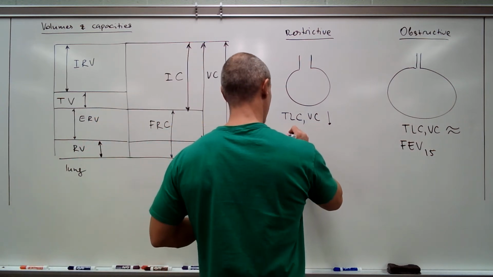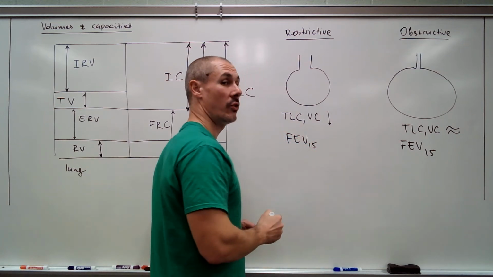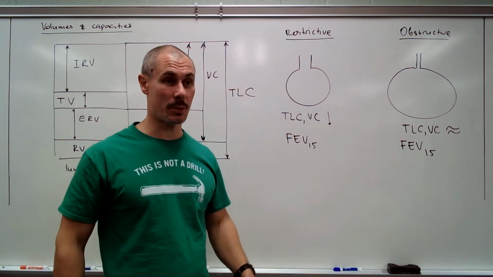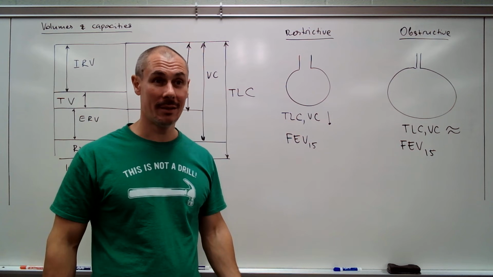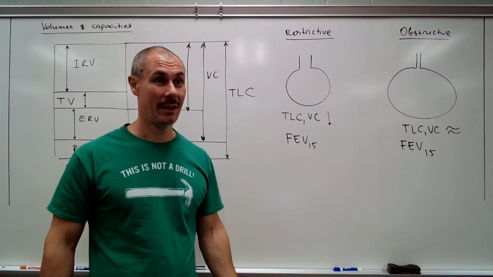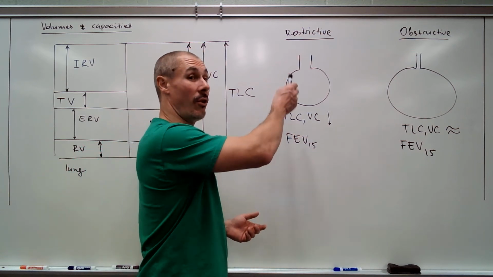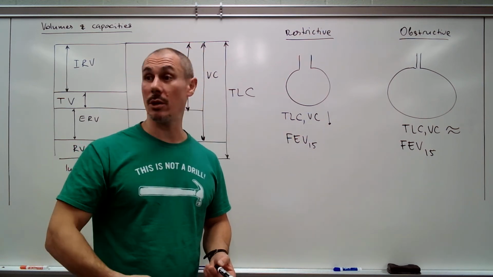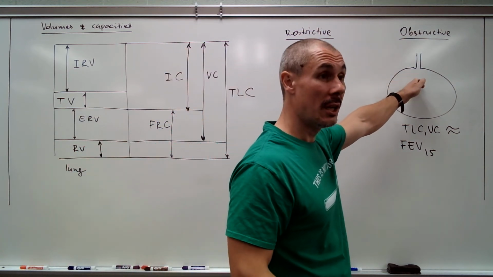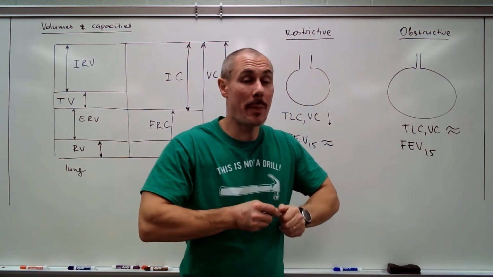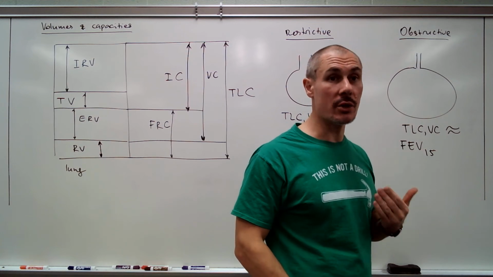For restrictive disorder, the rate of expiration isn't going to change. The driveway is very wide. Does that make sense? People cannot get enough air because of the volume, but in terms of the rate of respiration, they're fine. Okay? Now, in obstructive disorder, you can still expel all that air, but it will take you much longer.